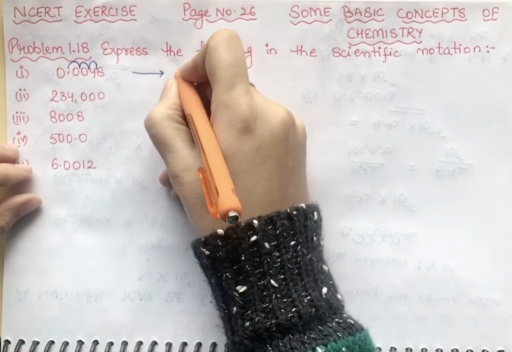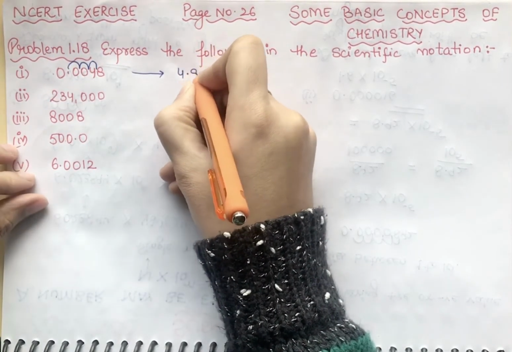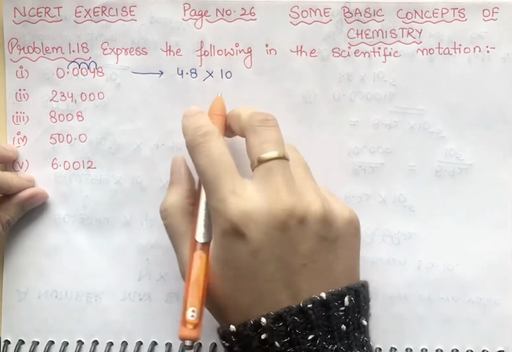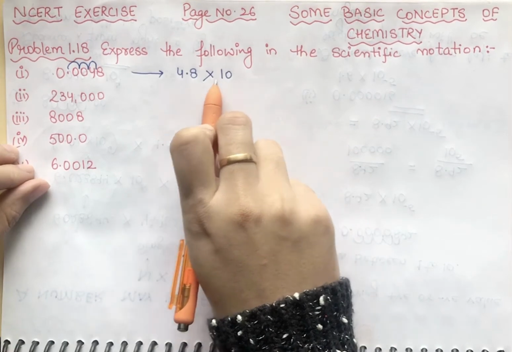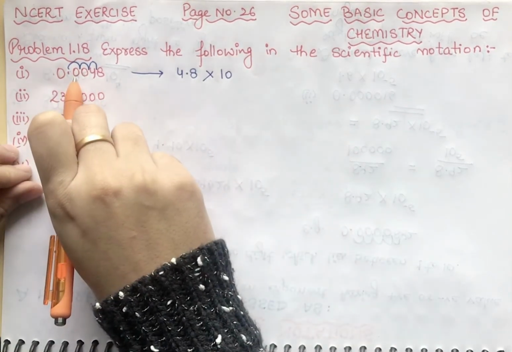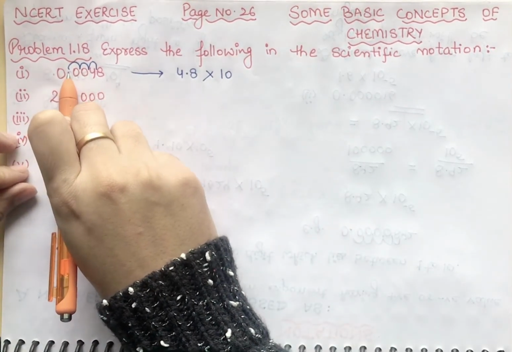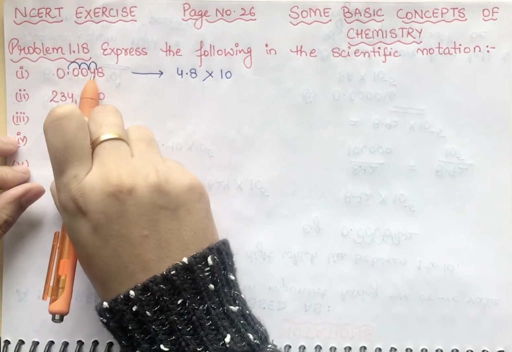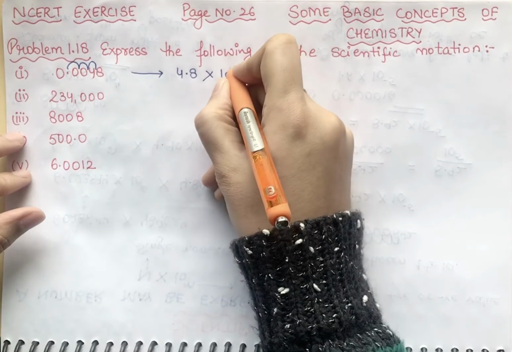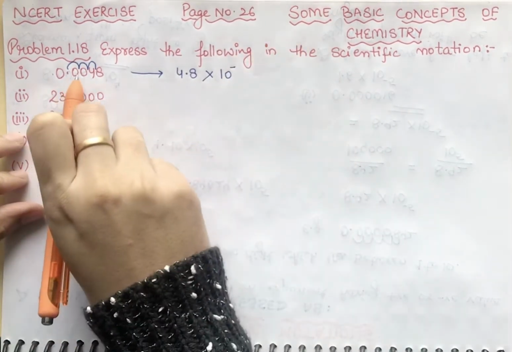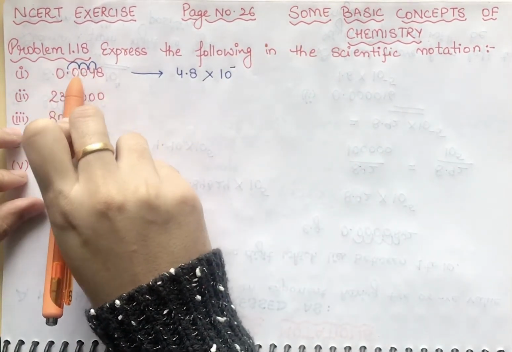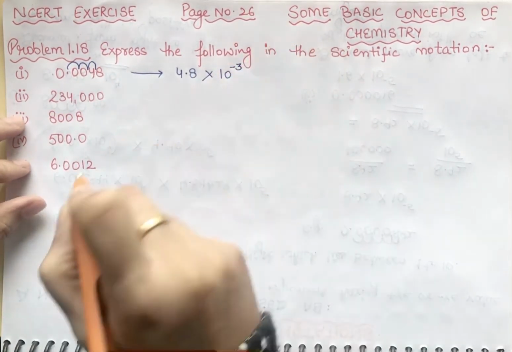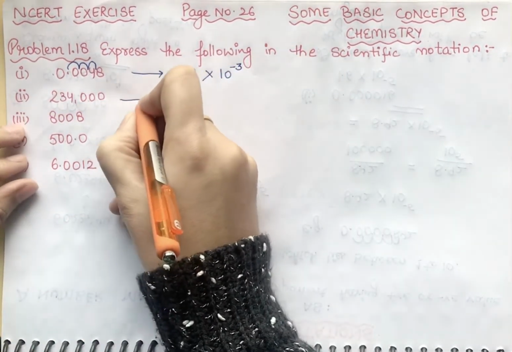I have to shift this decimal 3 places, so it will be 4.8, and I'll express this in terms of 10 raised to a power. Now I am moving from left to right, so the exponent should be negative. There will be a negative sign. 1 2 3, I am moving the decimal 3 places, so it will be 10 raised to power minus 3.